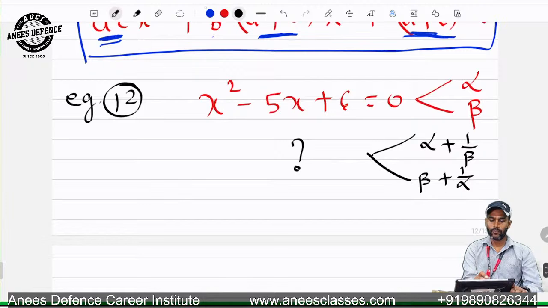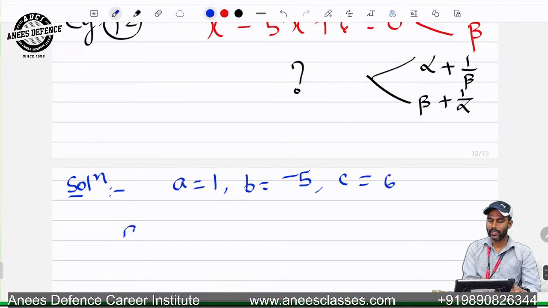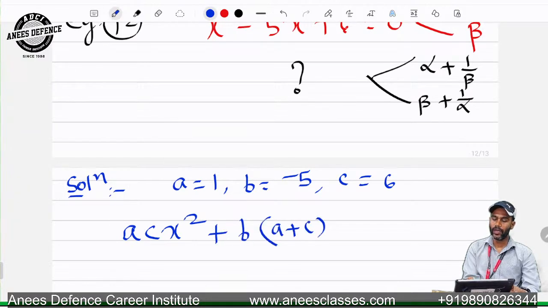Now, what is a here? One. What is b here? Minus 5. c is 6. What is the equation we already know? AC x square plus b times (a plus c) into x plus (a plus c) whole square is equal to 0. What is AC? 6 only.